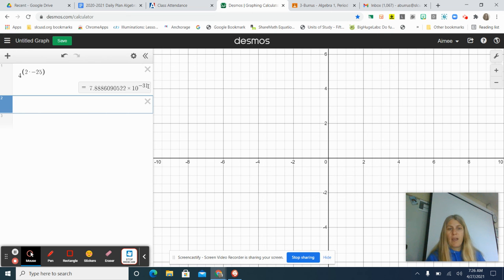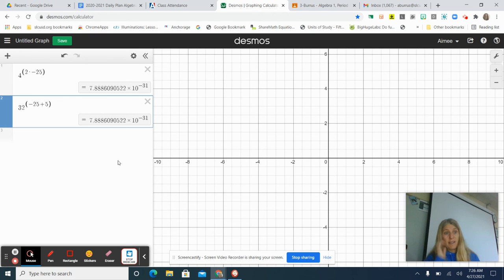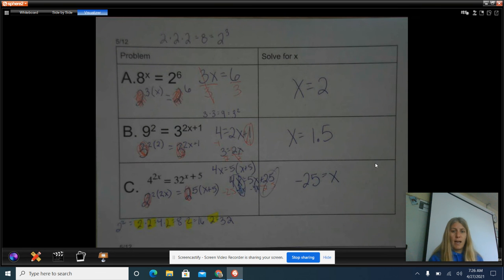You can tell because we have a negative power. And our other one is 32 to the negative 25 plus 5. And as you can see, even though it's a very, very small number, we can see that indeed they are the same. So we know that our answer is correct. And so we have for our answer today, negative 25 for that third problem.